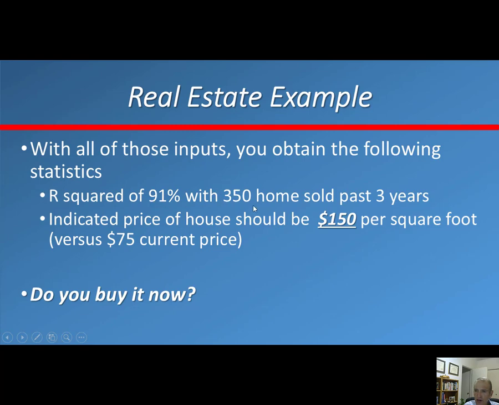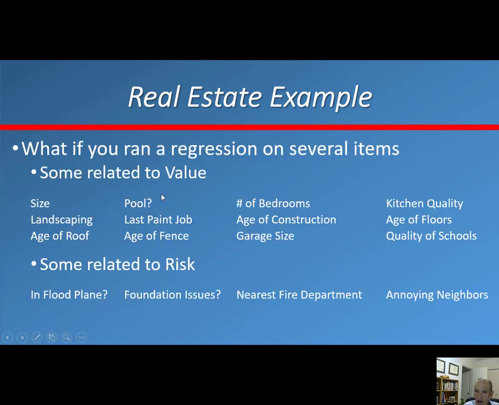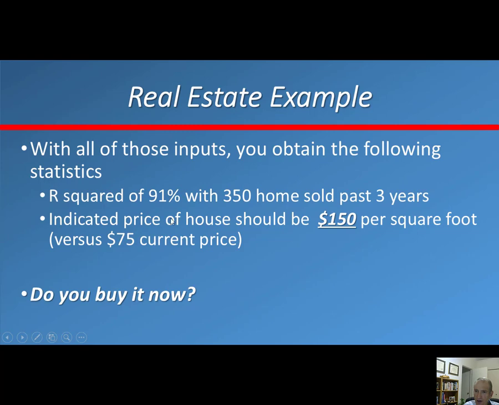You looked at 350 houses sold over the last 3 years, and using your model with all of these factors, you can explain 91% of the variation in house prices. And based on that, this house that you can buy for $75 per square foot should actually be trading for $150 per square foot.